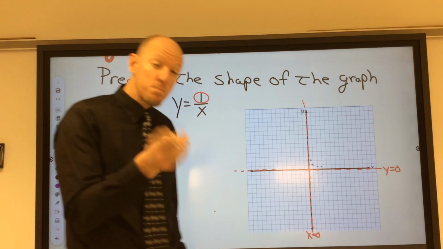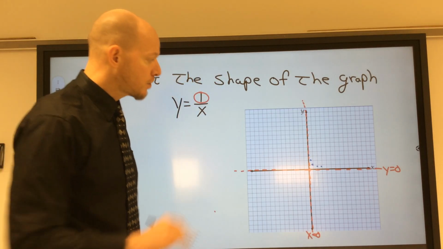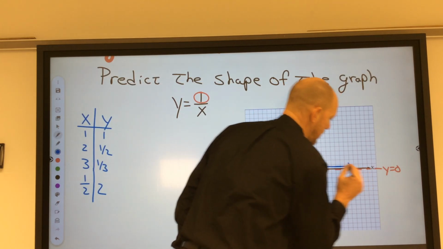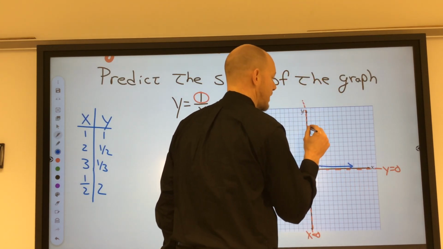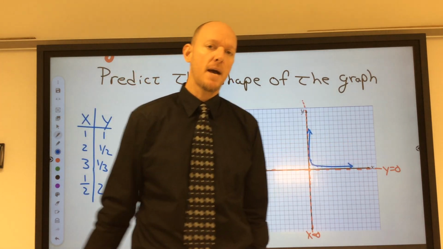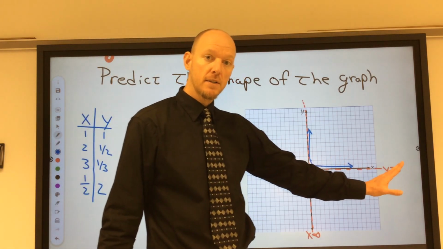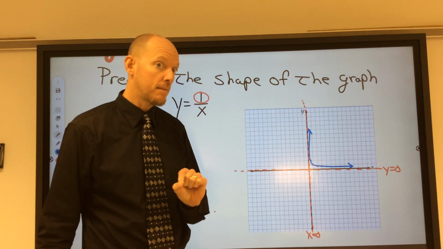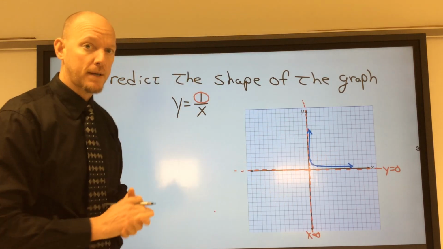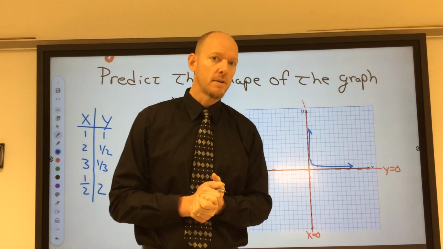And actually, the smaller the value I put in, the bigger the number gets. So if we take a look at what's actually happening here, we get something that looks like this. It's kind of like a little curve that's happening there in our first quadrant, such that the larger the x value gets, the closer to 0 we become. And the closer the x gets to 0, the bigger the y value becomes.